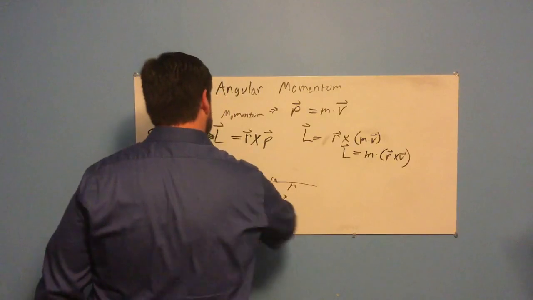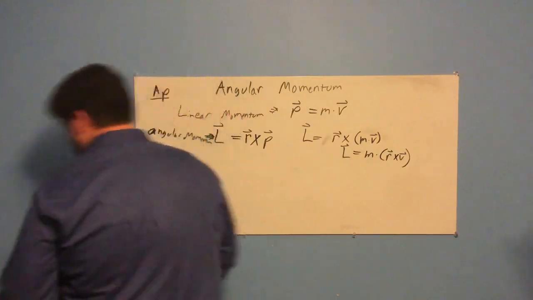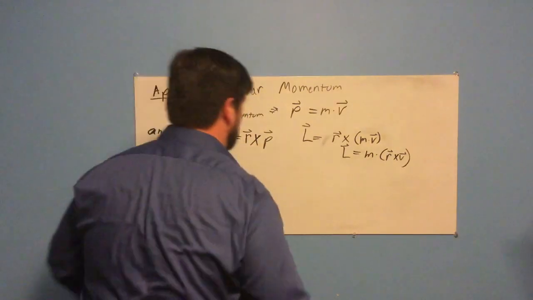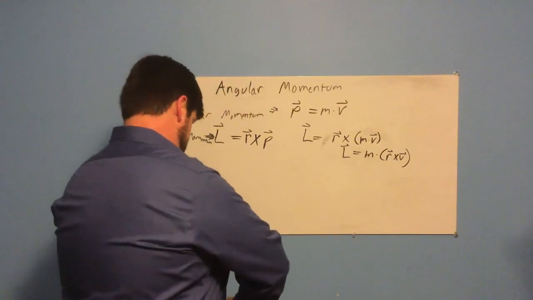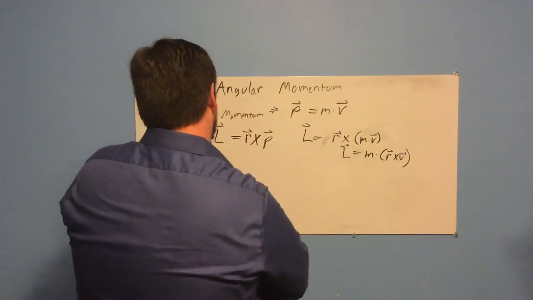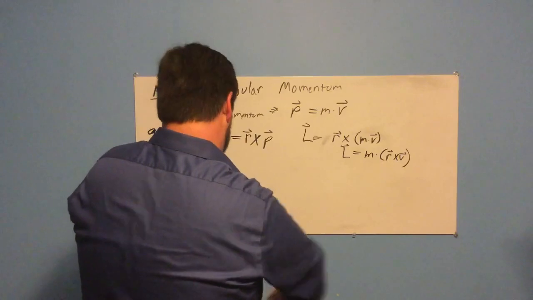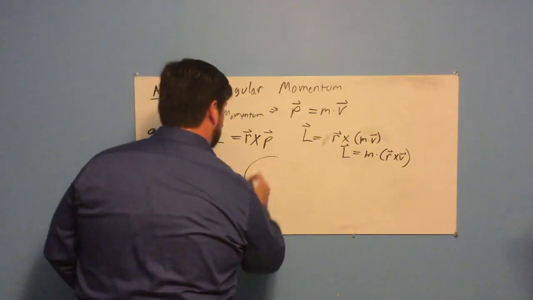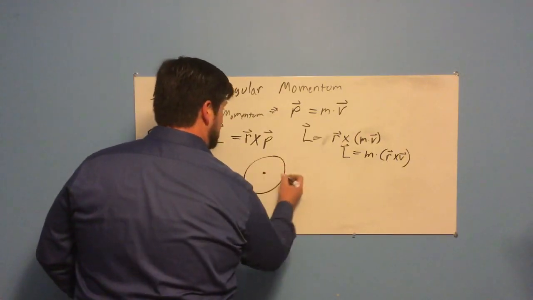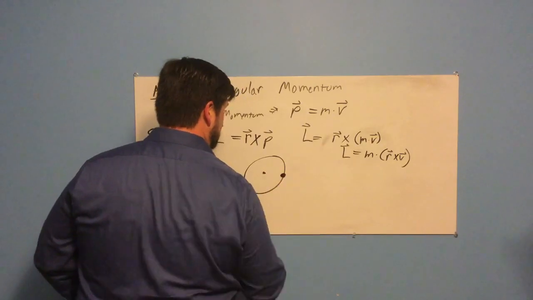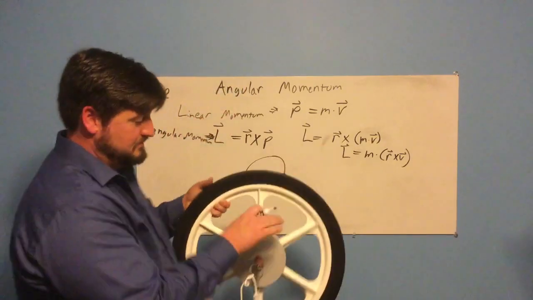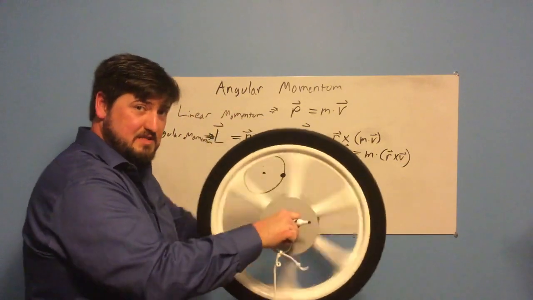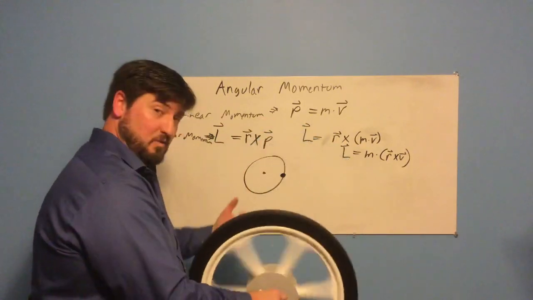But if we look at a different case, what if we set ourselves in a special place? We're going to set ourselves at the center of things. We're going to be egocentric. If you are the sun, and here's the earth out here, or if you're the center of the wheel and everything's spinning around you, whatever you want to look at.